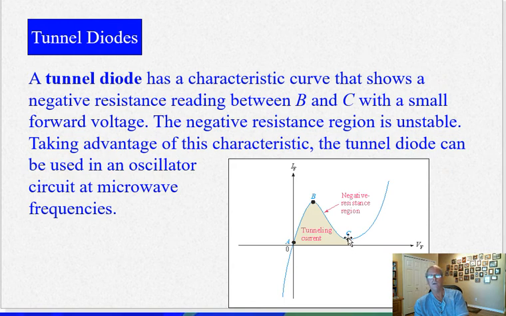Okay, so therefore you can put it in a resonance circuit, and at that particular voltage and current point, it's going to have its lowest resistance and therefore likely resonate at that point. Okay, and that's why these are used in oscillator circuits at microwave frequencies.